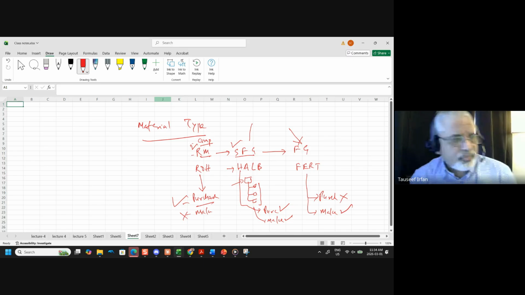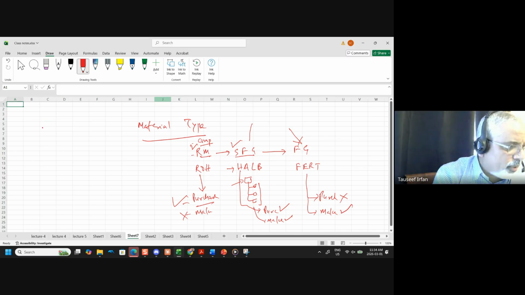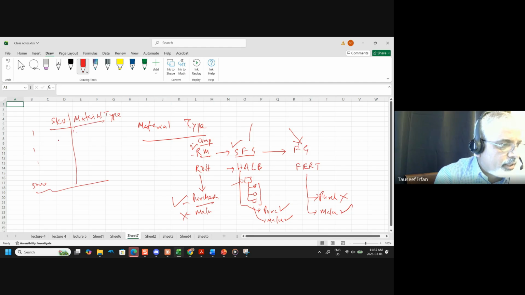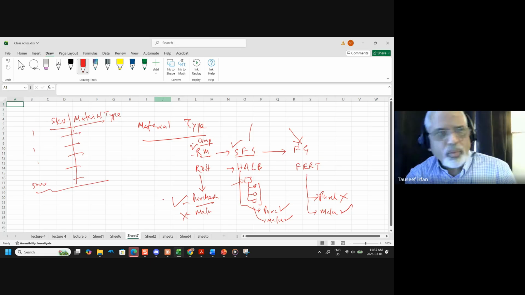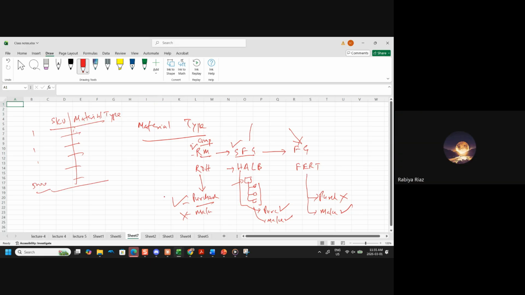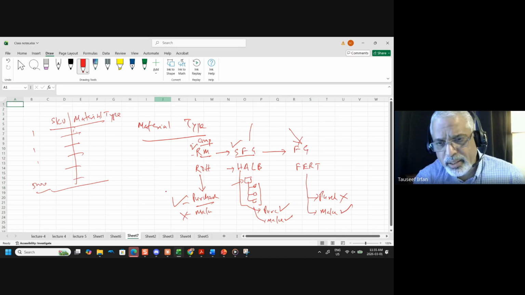So if you go to a design workshop and they open your SKU item list and it's, let's say, 5,000 items sitting there, your job is to make sure you map it to the material type. Don't rush, just make sure you understand that and then map it. Everybody understood why it is important? So don't rush on that. Understand the concept, translate the business part into the SAP side and then map it.